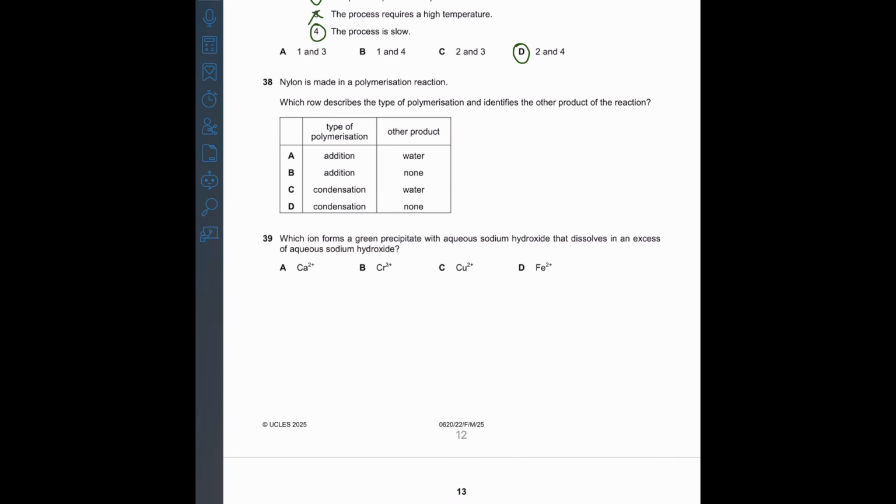Question number 34. Nylon is made in a polymerization reaction. Which option describes the type of polymerization and identifies the other product?